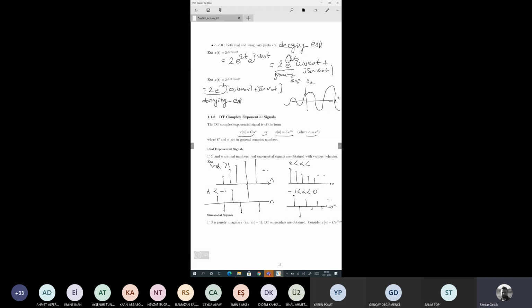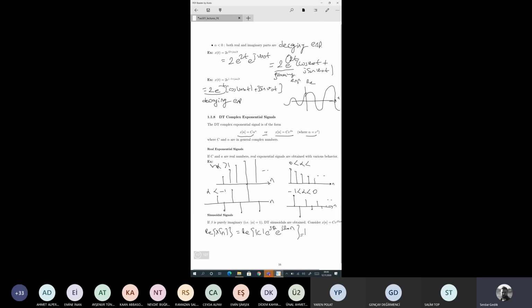Well, if beta is purely imaginary, then it means that I have a sinusoidal x of n. So both real and imaginary parts are sinusoidal. So if I write real of x of n, then it is equal to real part of norm of c e to the power j theta, e to the power j omega 0 n.